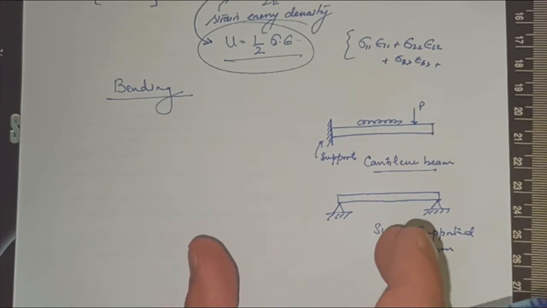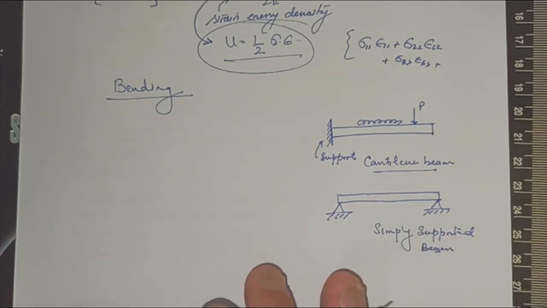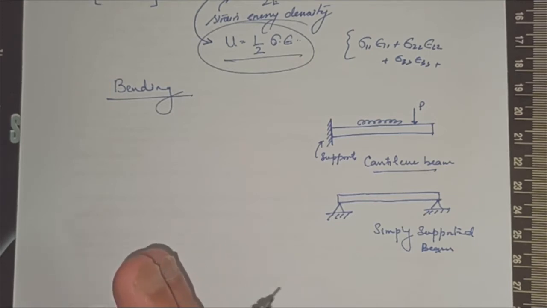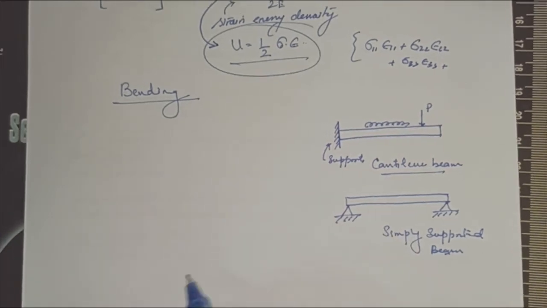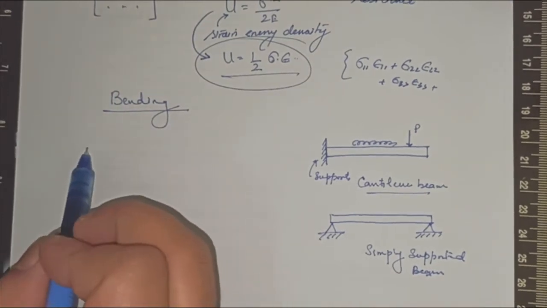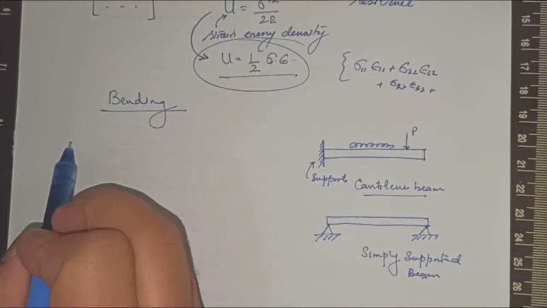We would like to tell you the strain energy obtained inside the beam when it is loaded. What will be the strain energy obtained? So let's take this example of a simply supported beam, and let's say a simply supported beam is placed here.